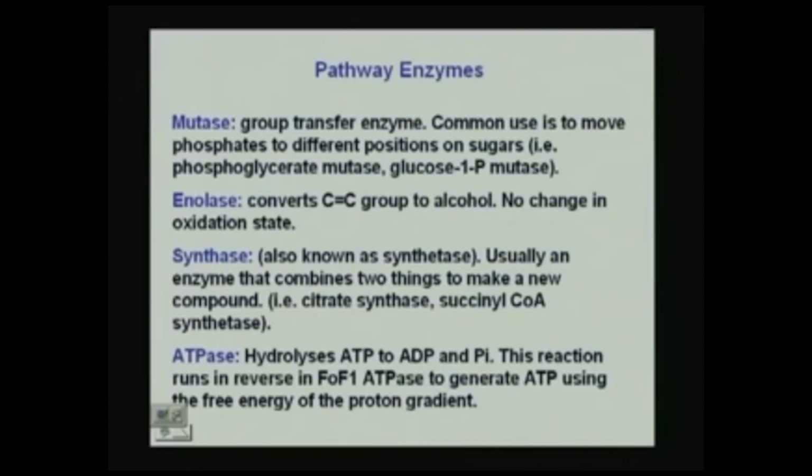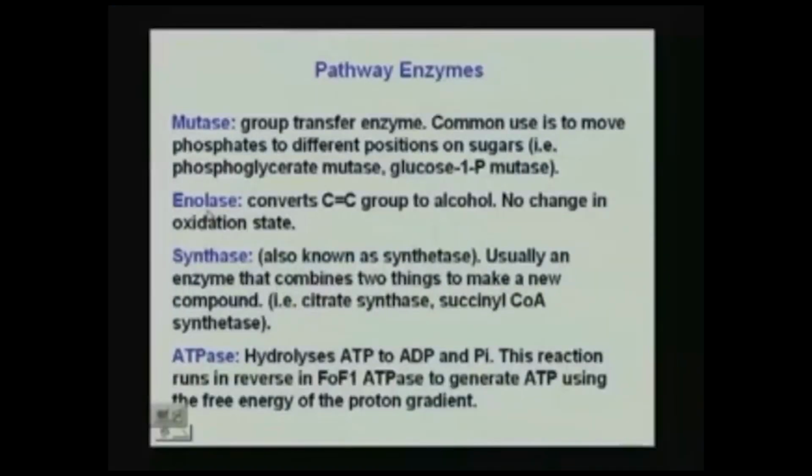The mutase is a group transfer enzyme that transfers the phosphate to a different position. An example being glucose 1P mutase, which would transfer the phosphate from carbon 1 to carbon 6, forming glucose 6-phosphate from glucose 1-phosphate. In that case, you would need mutase.